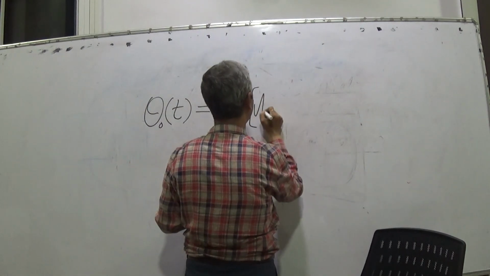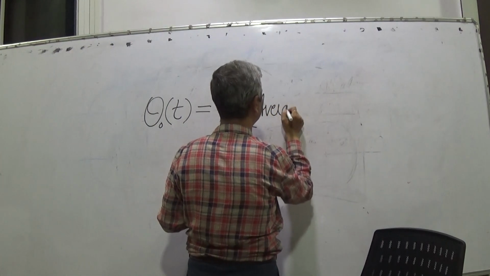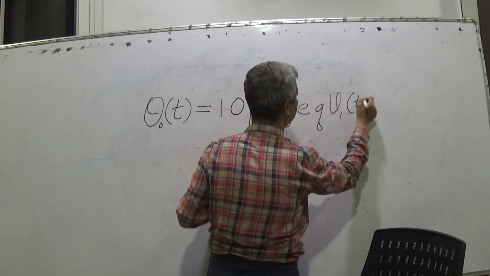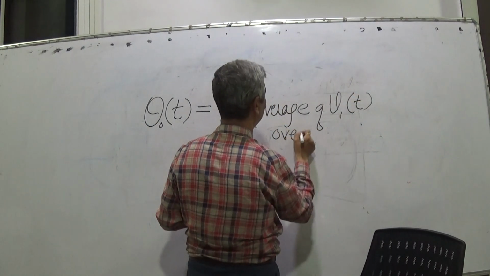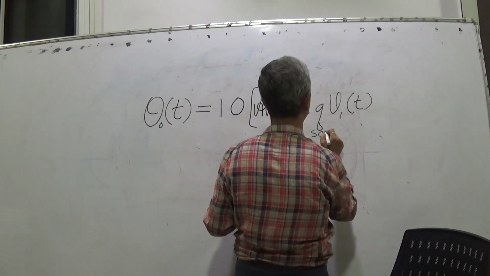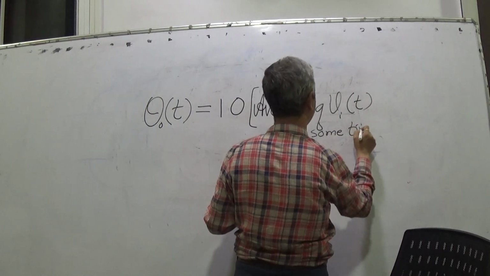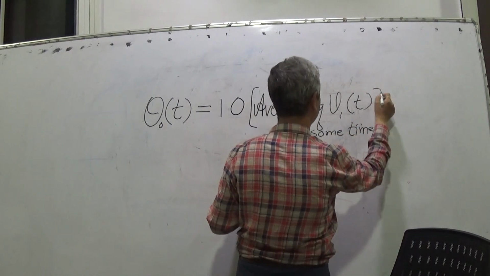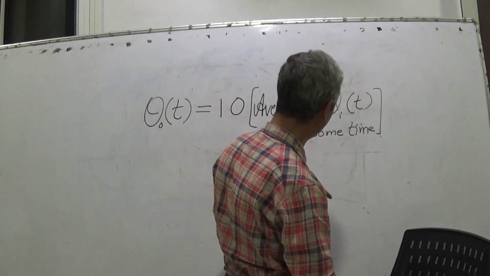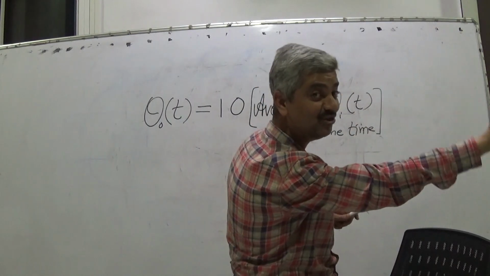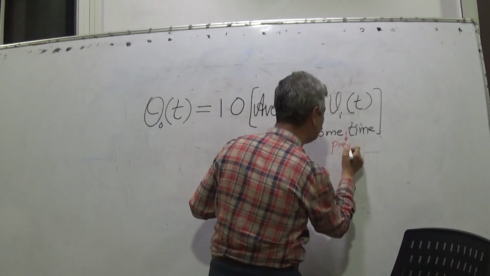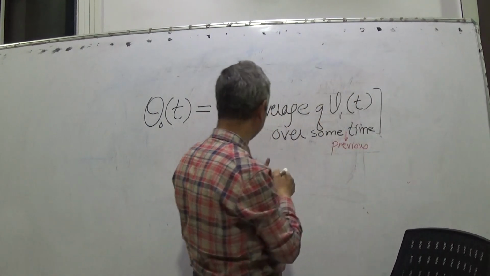So that I say, average of V(t) over some time. What exactly, we will see in detail. This is the theme what we are having. And so what I say, over some time, it can't depend on the next time, so I am just changing it to some previous time.